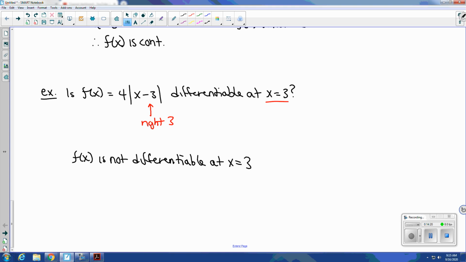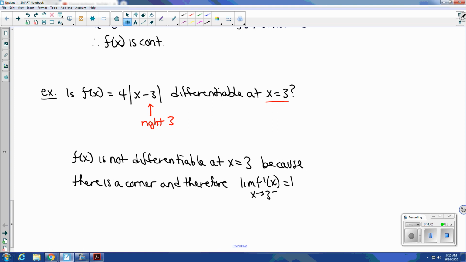We could say there's a corner, but we want to add on the limit part. And therefore, at corners, the limit of f prime of x as x approaches 3 from the left does not equal the limit of f prime of x as x approaches 3 from the right.